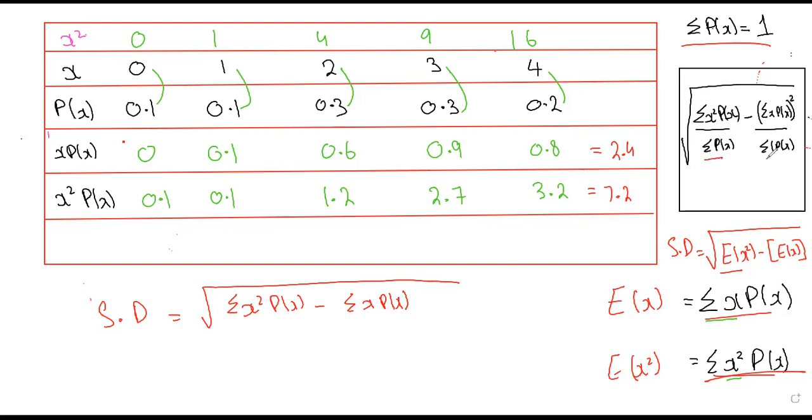We don't need to write the denominator because that would be 1. And this is going to be under the root 7.2 minus 2.4 squared, and the standard deviation is going to be 1.2. The variance is standard deviation squared, so it would be 1.44.